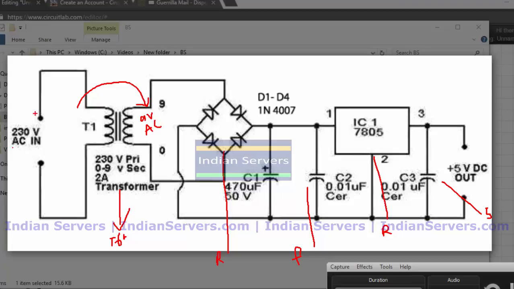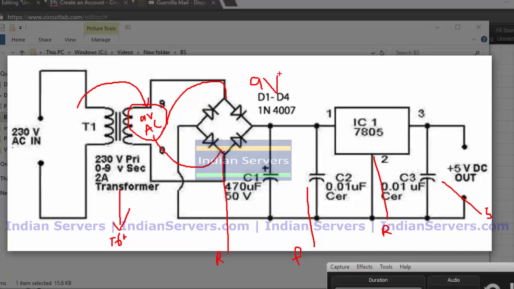After 9 volts AC, I will place one rectifier. We already know that a rectifier will convert AC to DC. After taking input from the transformer, the rectifier will convert 9 volt AC to 9 volt DC.